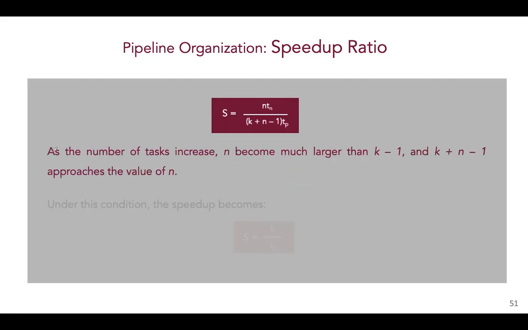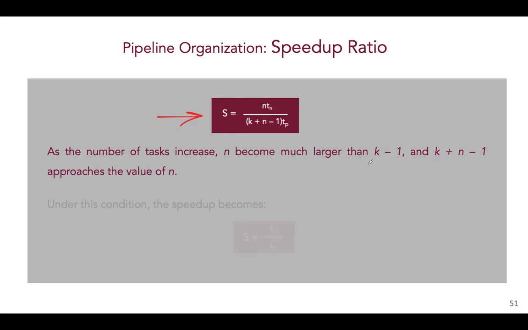Now let's take a look at this equation in a bit more detail. If the number of tasks increases, that is, if n increases, n will eventually become much larger than k minus 1, because a pipeline is never going to be as huge as the number of tasks.